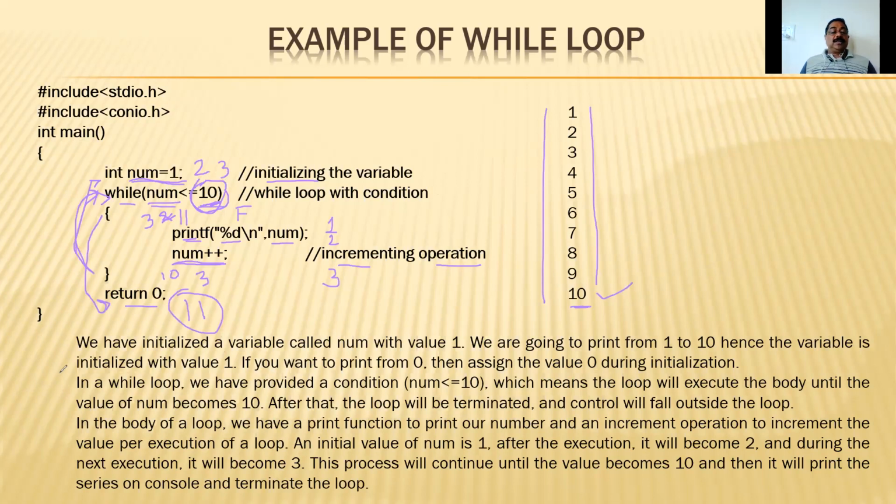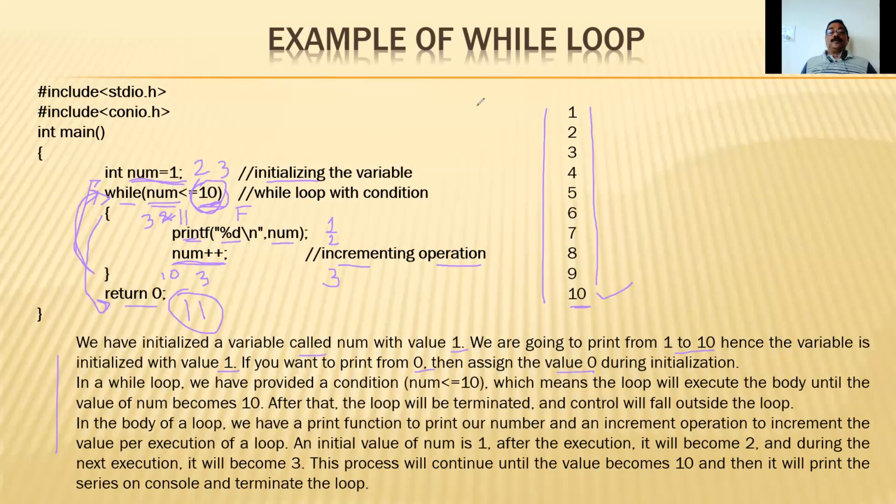Okay, so this is all written in the initialization, with the variable called num with the value 1. We are going to print from 1 to 10. Hence the variable is initialized with value 1. If you want to print from 0, then assign the value 0.